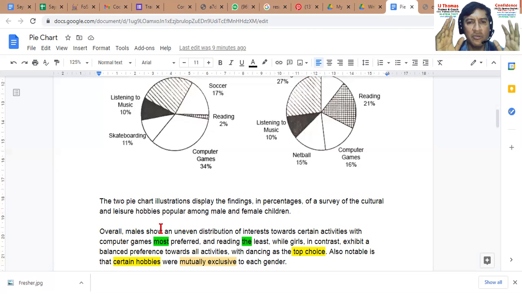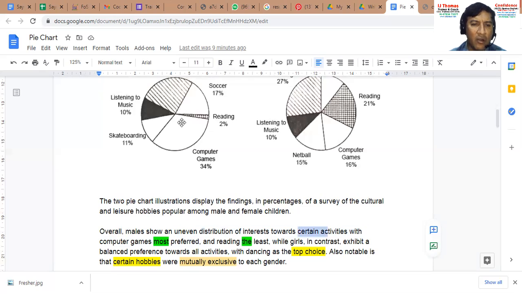So what I'm teaching you is, I don't think this particular graph would come, but if you have a pattern like this, think of what these words are: uneven distribution, right? This is a collocation, and they will give you very high marks, towards certain activities.